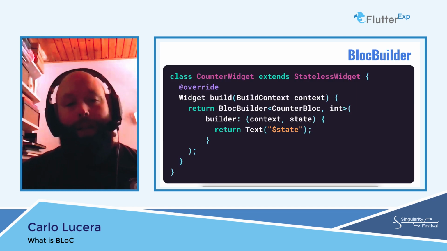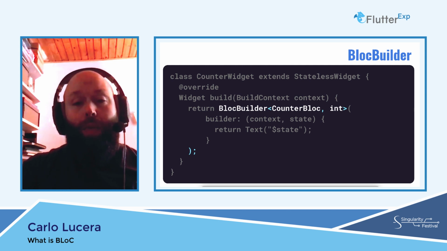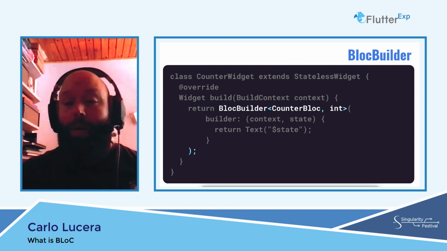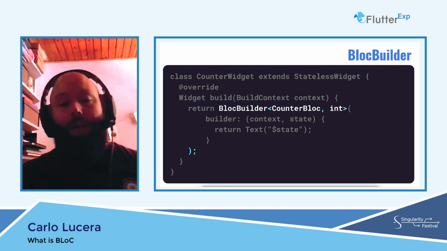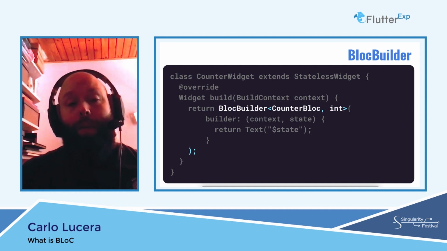We have the block builder. The block builder is a widget that is basically typed with the same block that we have and the state. The first parameter is the block, the second is the state. As you can see, the block builder doesn't need to be aware of the event type because it doesn't need that.